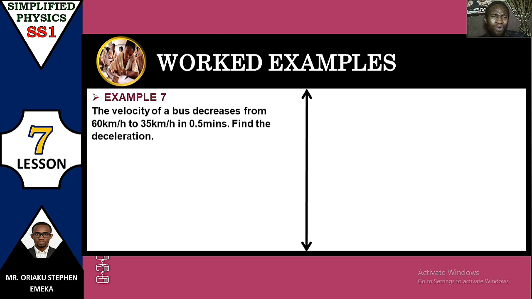So we have to convert these velocities into meter per second, so that it will be in the SI unit. So it started from 60, which becomes our initial velocity. We convert 60 km per hour to meter per second, applying that formula, and that gives us 16.67 meter per second.